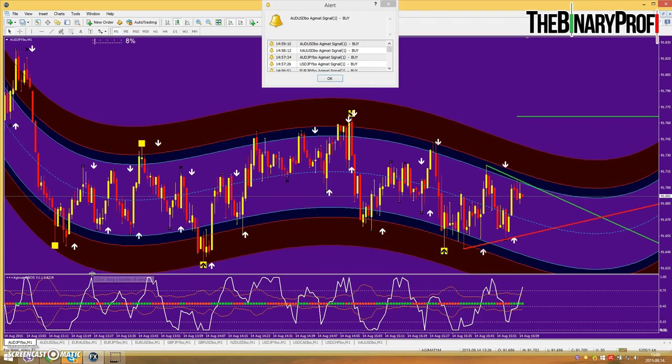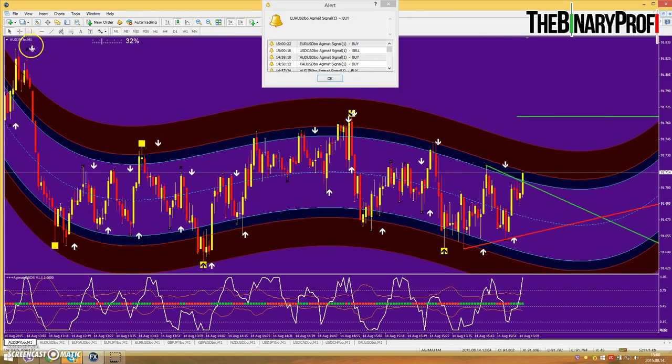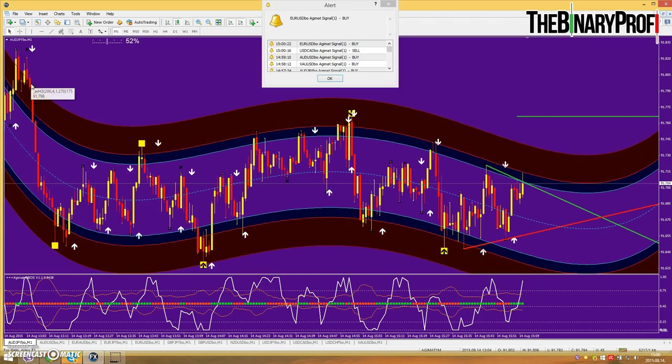If you have a signal, or if some of these arrows appear, the white arrow over this candle, the arrow will appear after the system notices that it is a nice trade. For example, the arrow appears here. You will enter around here.